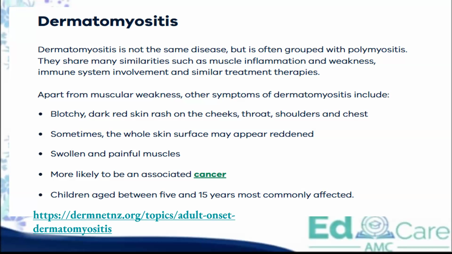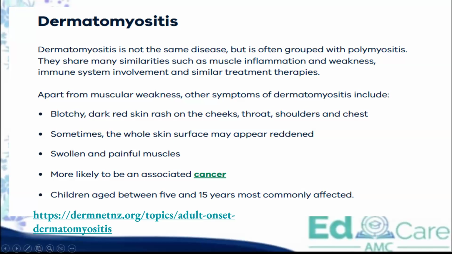So dermatomyositis is not the same disease, but it's grouped with polymyositis because there are some similarities. What are the similarities? It's this muscle inflammation and the weakness of the muscle, right? So they will come with those same symptoms as polymyositis. In addition, they will have these skin changes, right?